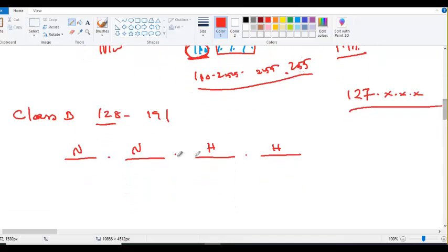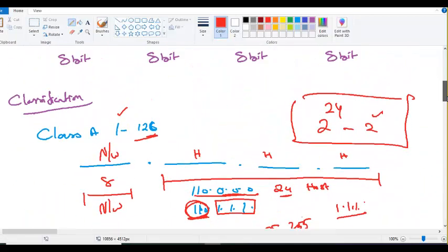Now, Class B is any address starting between the range 128 to 191. Example. See, how can you use 0? Is 0 a valid number?